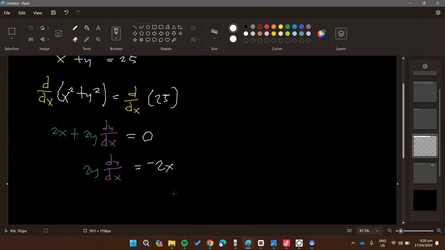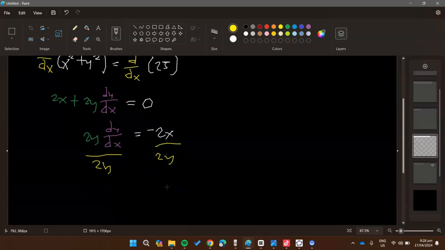And then solve for dy/dx. Divide everything by 2y, giving us dy/dx equals, the 2s will cancel out, so we have negative x over y.